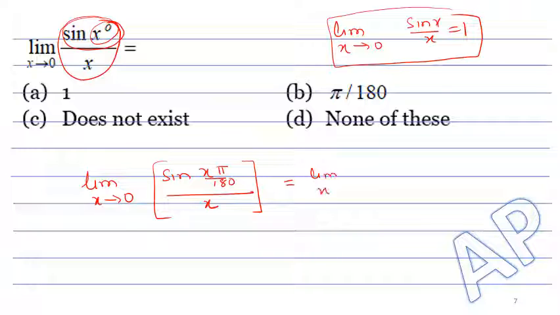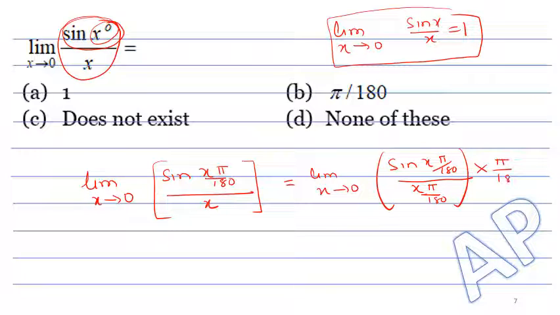Limit as x approaches 0 of sin of x pi by 180 divided by, I have x here, so I will multiply this by pi by 180 and I will multiply the whole term by pi by 180, so that the term inside the bracket is obviously 1, and when you apply the limit you will get 1 into pi by 180, which is option B here.